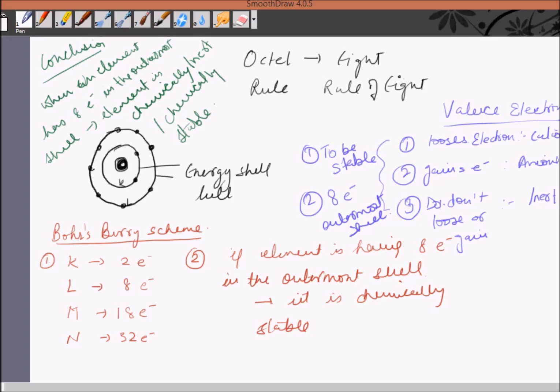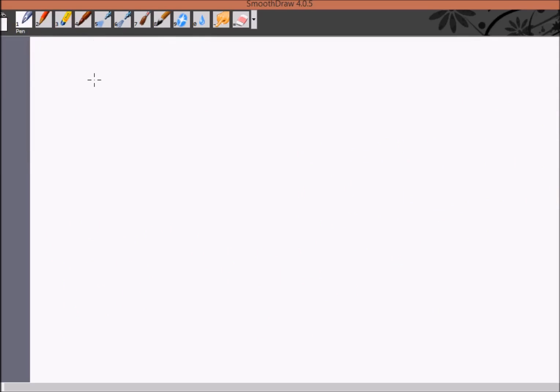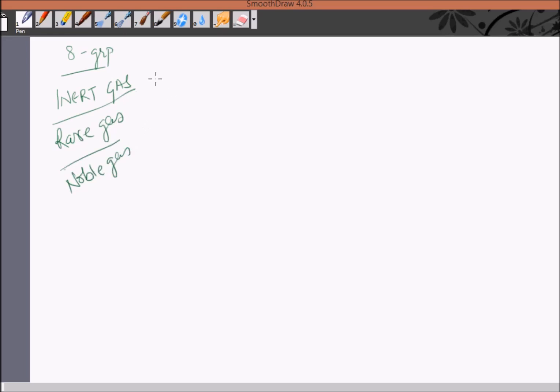So let me give you an example now. See, in the periodic table, they are in the last group, group 8. They are called inert gases, or you can also say they are the rare gases or the noble gases. Why?